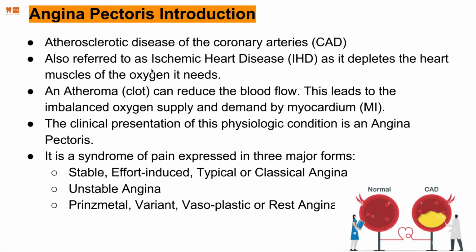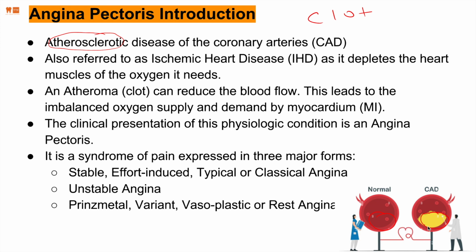Here we go. Angina pectoris, an introduction. Basically, the term atherosclerosis comes to mind first. In other words, it is an atheromatous plaque, basically a plaque of fat tissue, debris, anything that contributes to a clot. Now, this is the evidence of clot here as compared to a normal blood vessel.